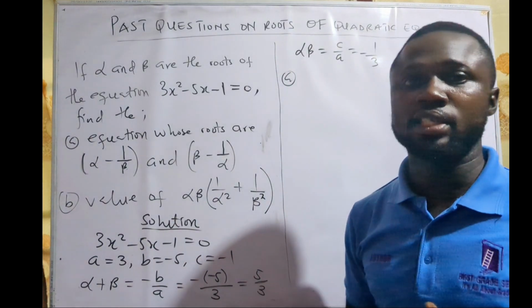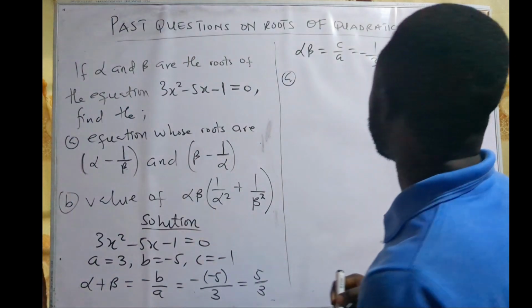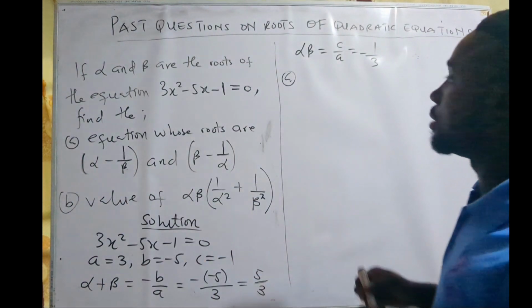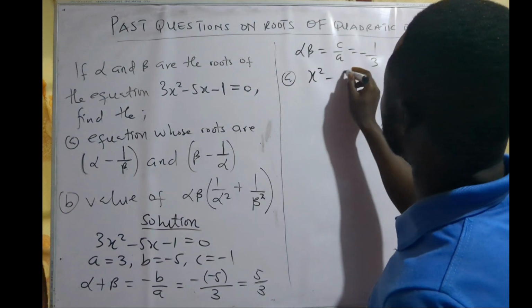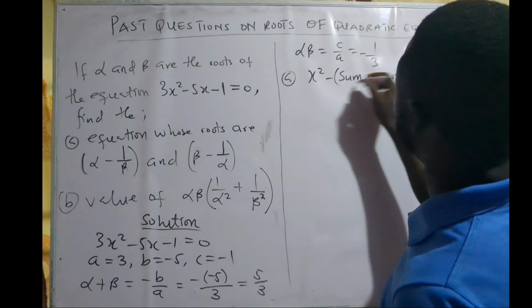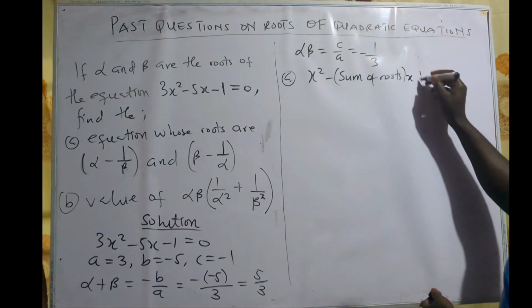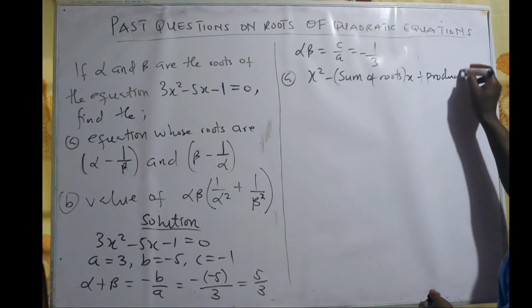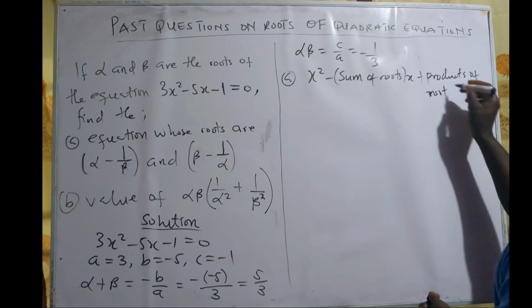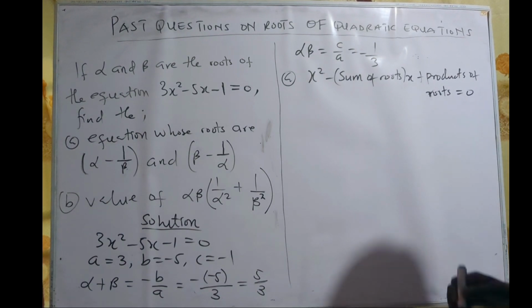Because if you are given the roots, how do you get the quadratic equation? That is x squared minus the sum of roots multiplying x plus the product of roots, and that to be equal to 0.